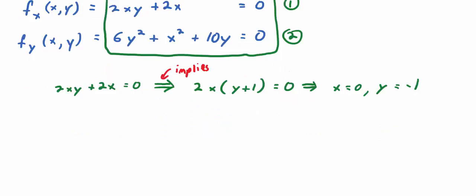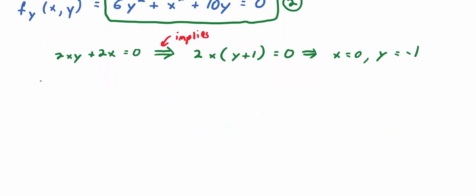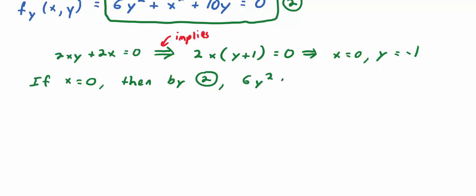So these are basically two cases. Let's take a look at both cases. If x equals 0, then by equation 2, 6y squared plus x squared, but x squared is 0, so this whole thing goes to 0, plus 10y is equal to 0.